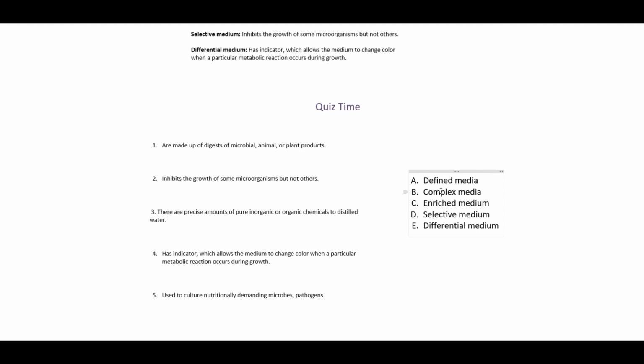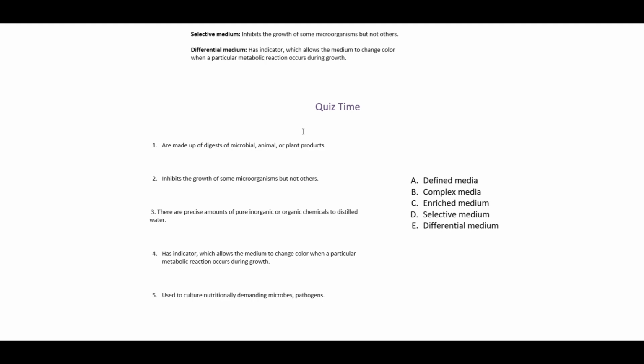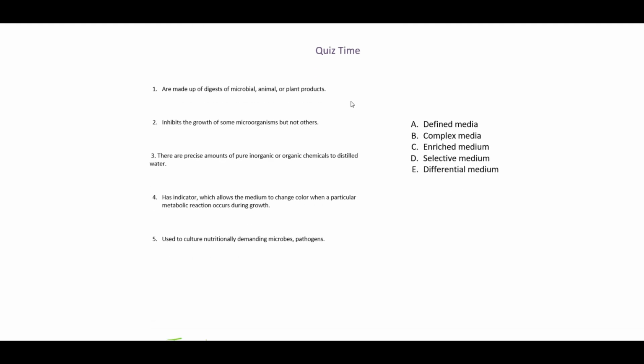Quiz time, another mix and match, and this one's about the medium. One, are made up of digests of microbial, animal, or plant products. Two, inhibits the growth of some microorganisms but not others. Three, there are precise amounts of pure inorganic or organic chemicals added to distilled water.